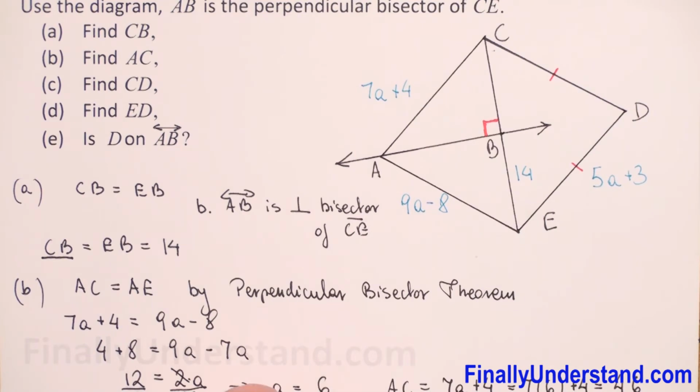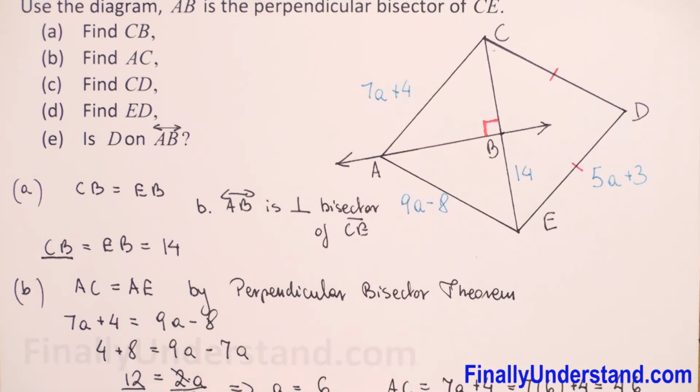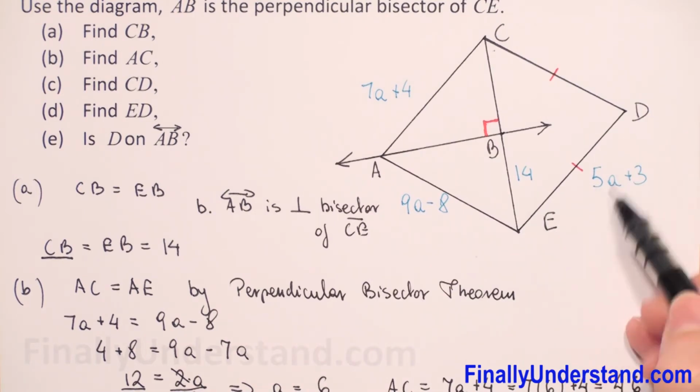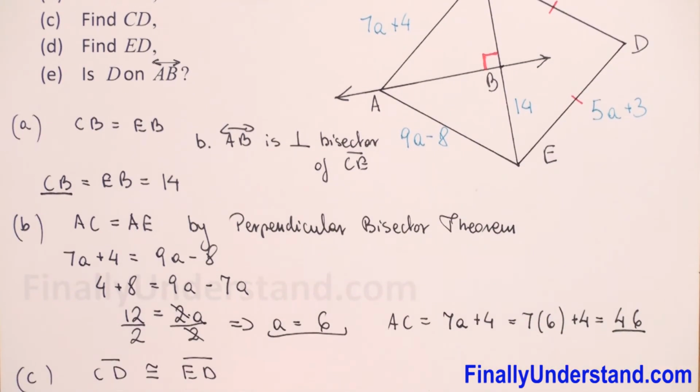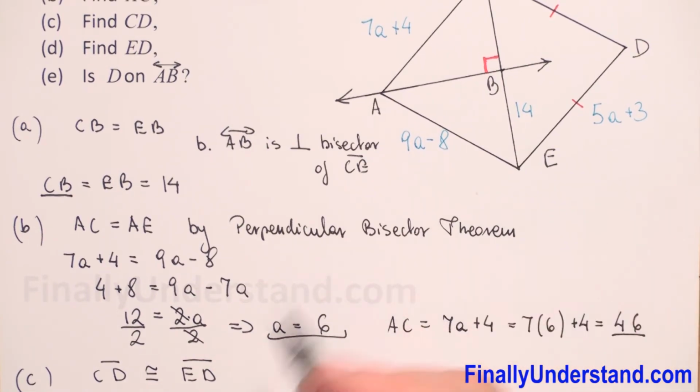Side CD is congruent to side ED. It means that CD is equal to ED. And we have given that ED is given by expression 5a plus 3. So let me rewrite this equation. CD is equal ED, and this is equal 5a plus 3.